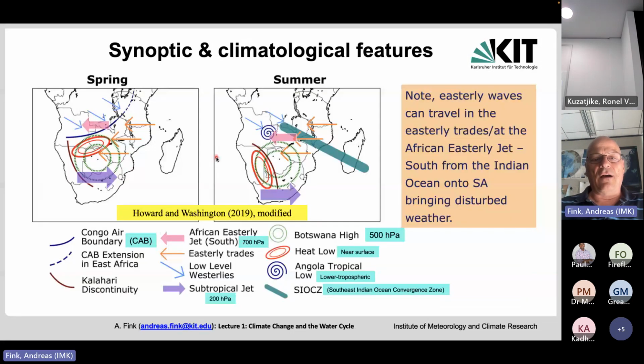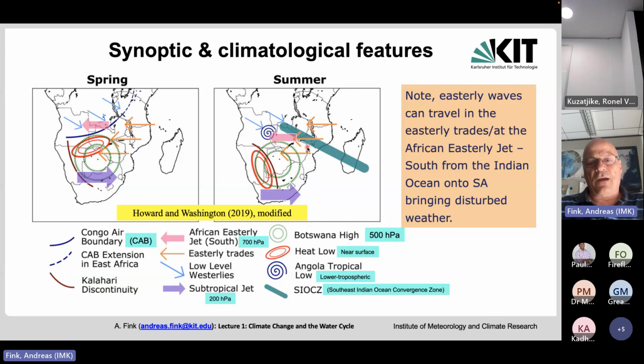Now an even more complicated sketch from Harvard and Washington, dividing into austral spring and austral summer. But some of the features you already know. For example, in austral summer, this is the Angola low, a tropical low over Angola. You see the moisture flux here from the Indian Ocean.